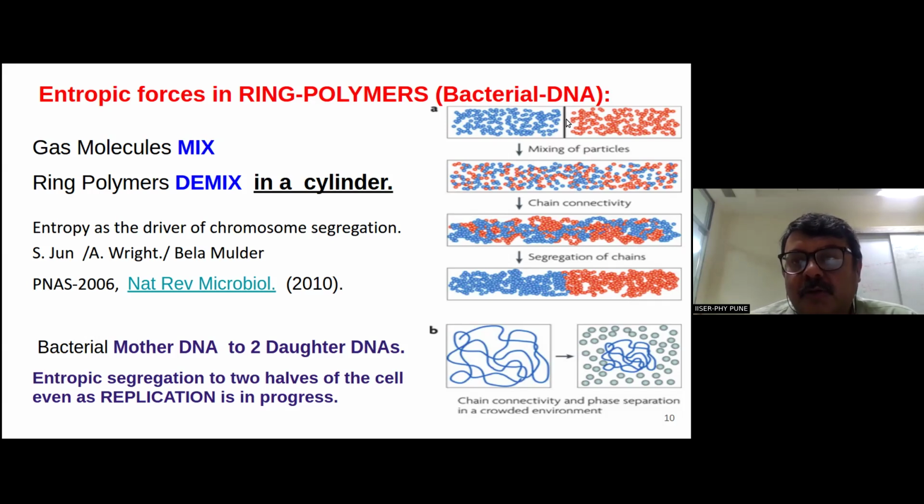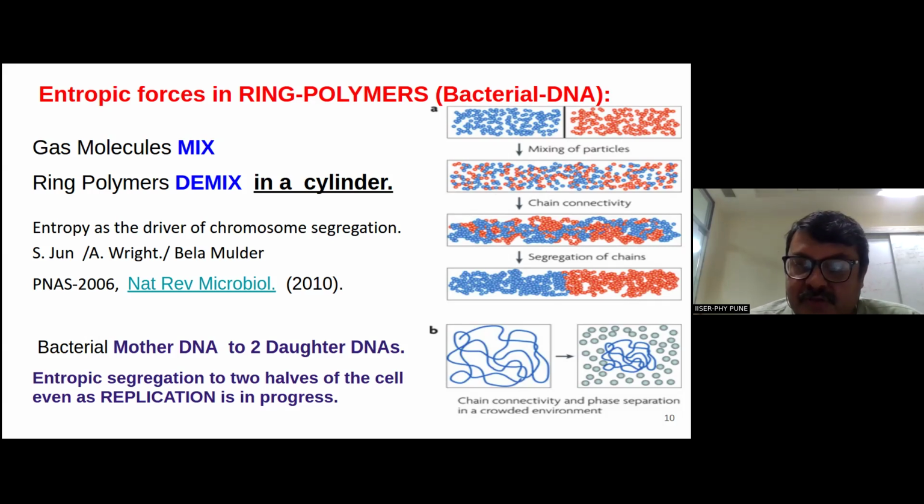And if you remove the wall, the molecules are going to mix. The red and blue colors are just so that you can identify them. You see, they have mixed inside the box, and the reason that they mix is to maximize their entropy.